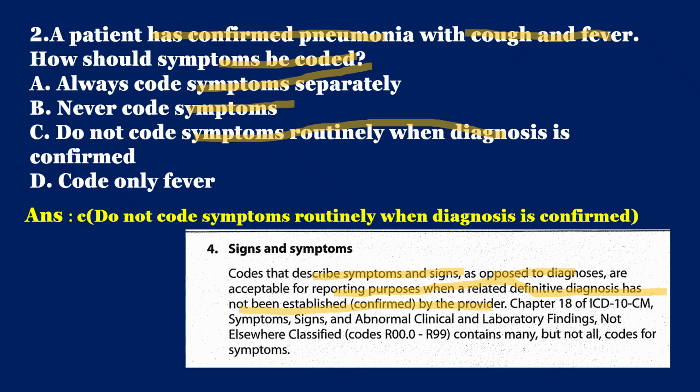So in this convention, they are saying that if the definitive diagnosis is not confirmed by the doctor, in that case we should code signs and symptoms. If the diagnosis is confirmed, we should not code signs and symptoms. We should always code the diagnosis. So the answer will be C.